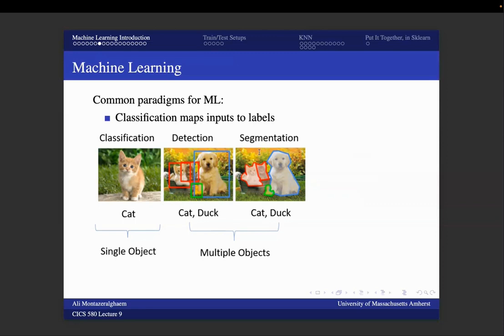So, for example, here the input is a simple image of a cat, and then the output label is cat or dog or something like this. So the machine learning model needs to map these features to accurate labels.